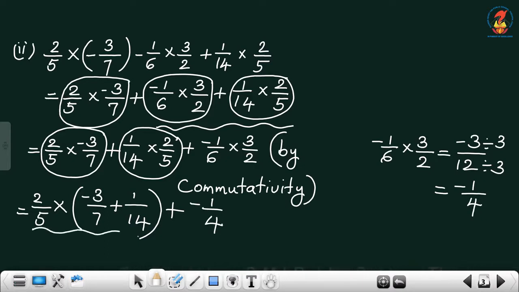Then here we applied which property? By distributivity. Or distributive property.